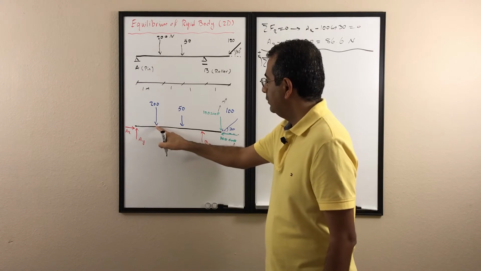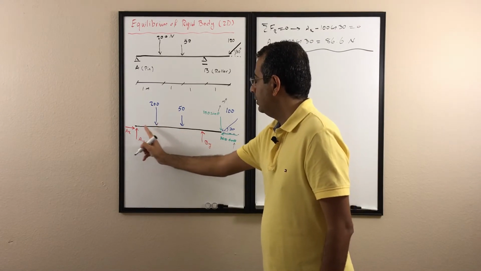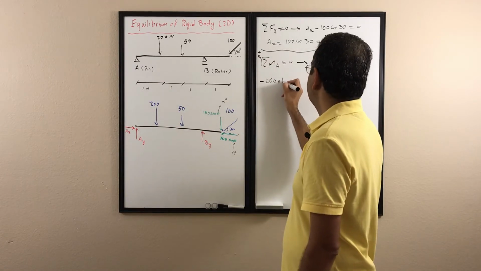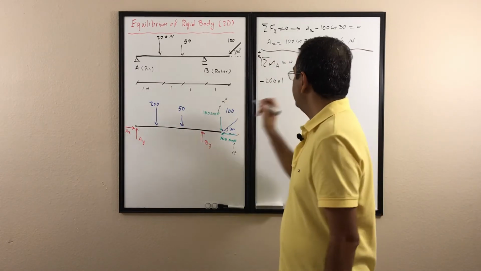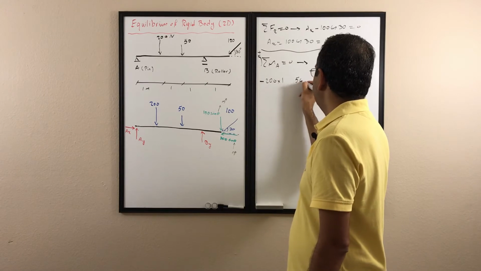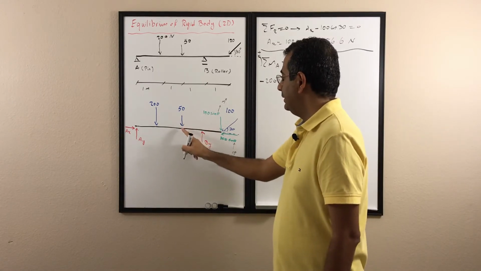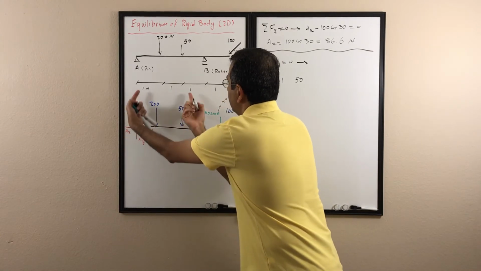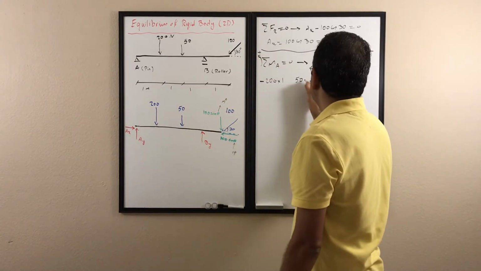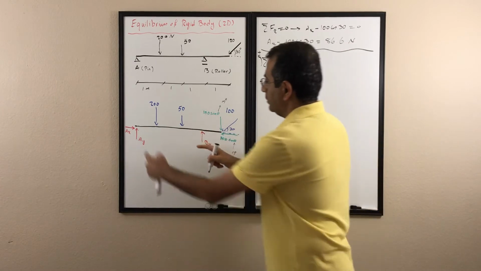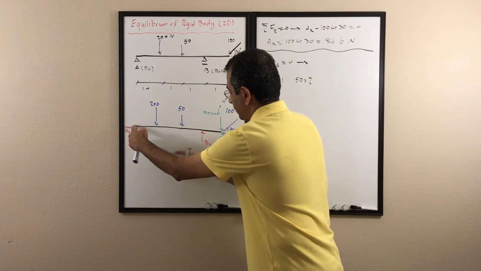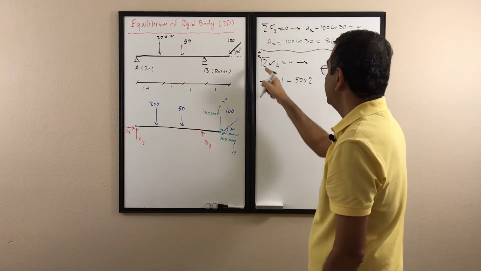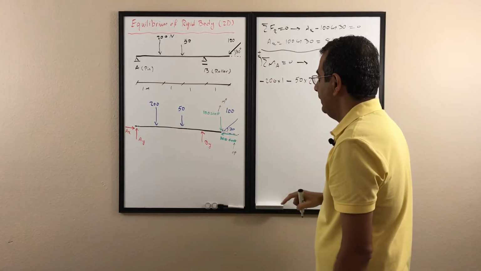The normal distance between the 200 and point A is just 1 meter, so it's going to be 1. Then I move to the 50 Newton. The normal distance between the 50 and point A is 2. This one also rotates clockwise about point A, so it's also going to be negative because we assume counterclockwise positive.